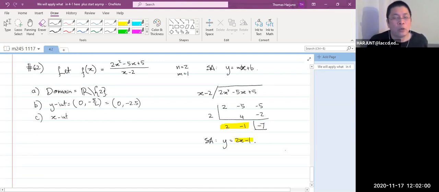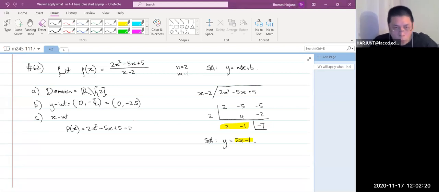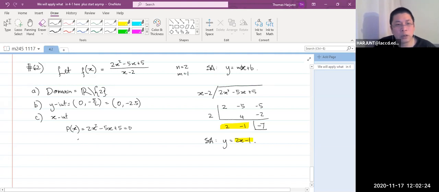We need to set the numerator P(x) equal to 0. One way to solve that polynomial is by factoring, but that's not the only way. Other ways are completing the square or the quadratic formula. Let me use the quadratic formula here by first computing the discriminant.